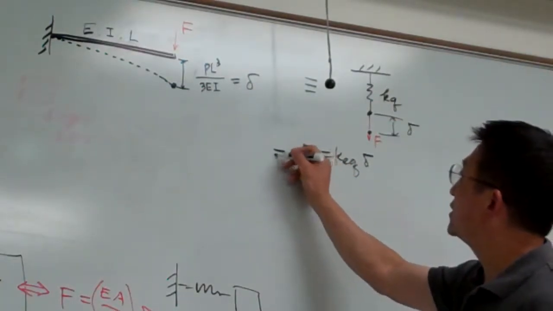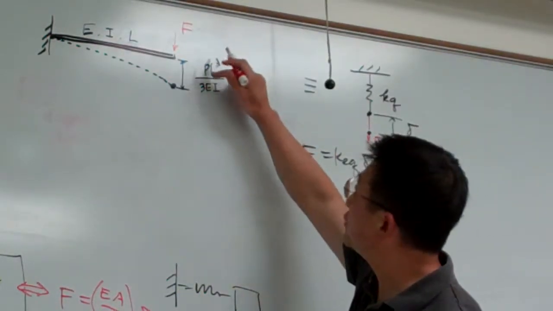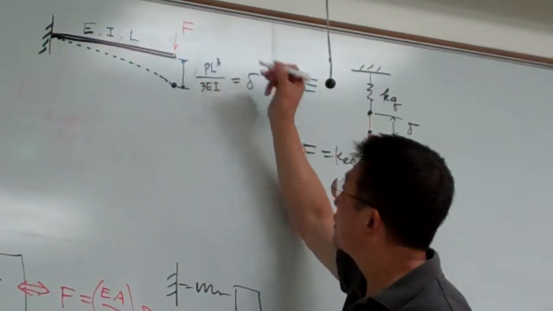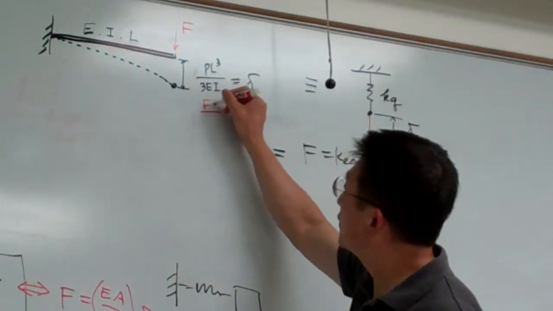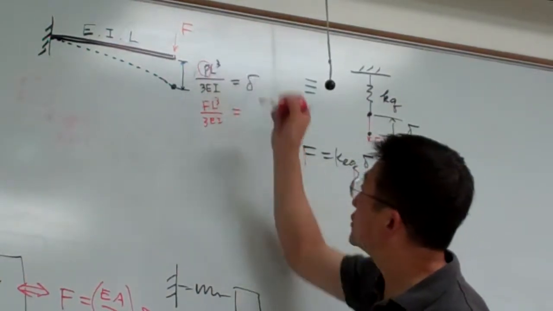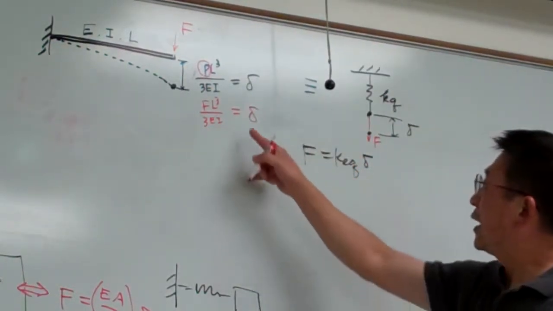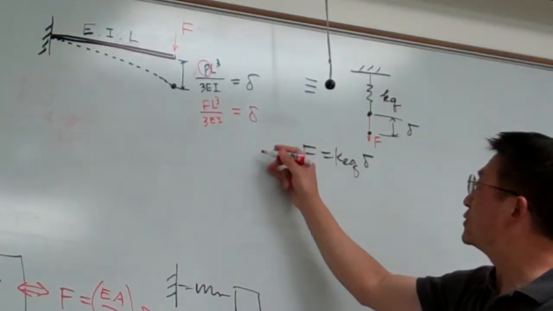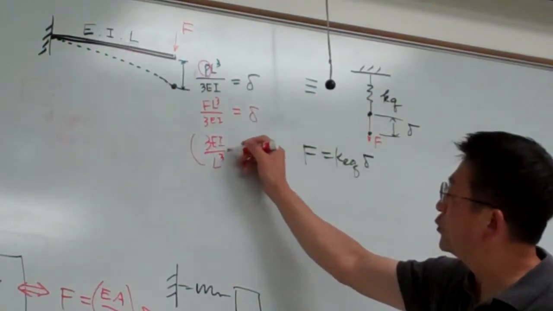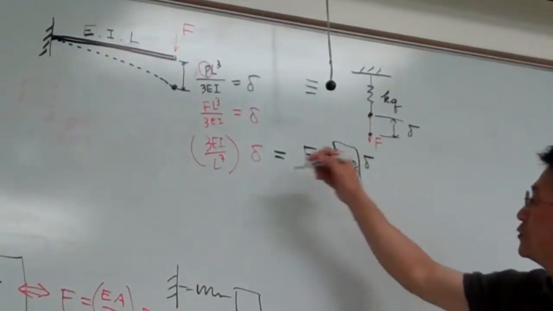And this P represents the loading, so P should be equal to F. So basically this is FL cubed over 3EI. I simply replace P, which is the loading, by F. So from here, F equals 3EI divided by L cubed times delta. So you compare, KEQ equals this number.